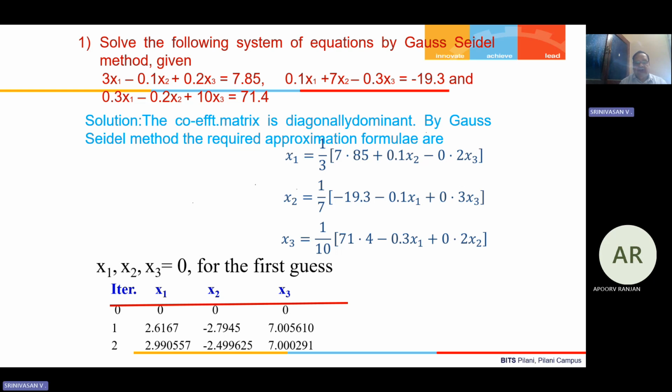The solution is x1 is equal to 3. x2 is equal to minus 2.5.